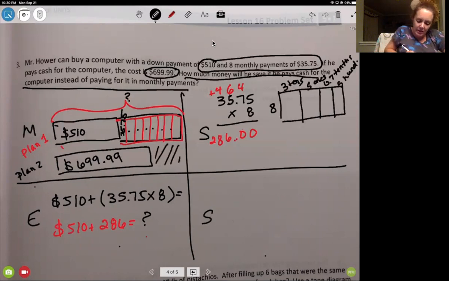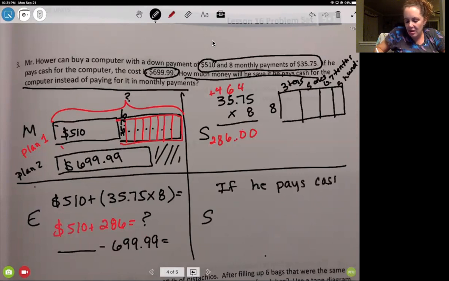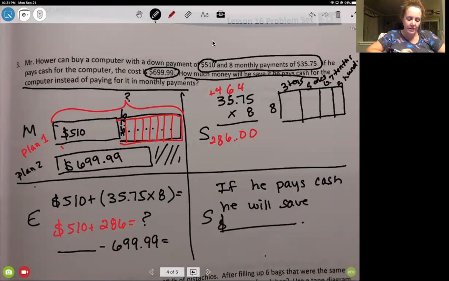So you're actually going to have to take your amount minus $699.99. Our sentence, we underline how much money will he save if he pays cash. If he pays cash, he will save that much money. And I'll let you figure out that part.